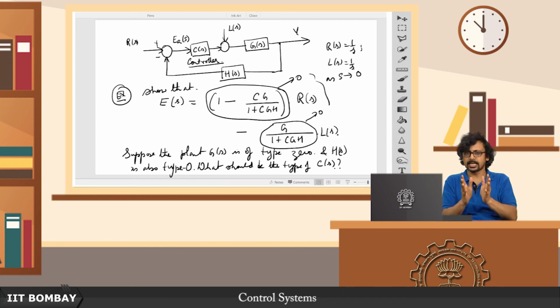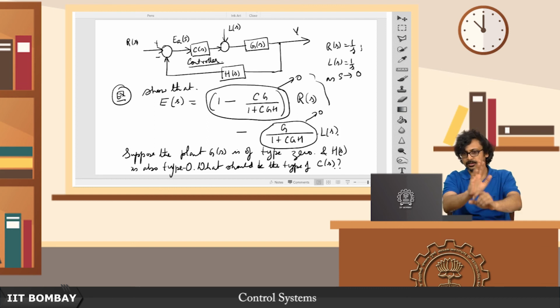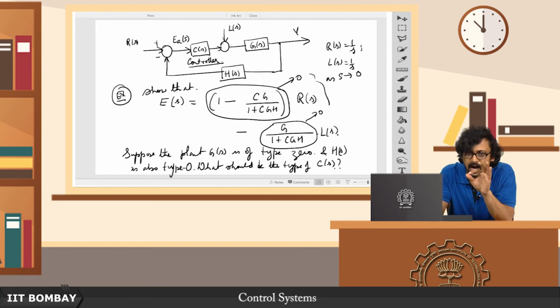The first thing that you have to decide is, because you want to address this tracking problem, you want to have 0 steady state error. So in order to have 0 steady state error, the first thing you have to decide is what should be the type of C(s). What will help you there? Getting a transfer function such as this from R(s) to E(s) and L(s) to E(s).